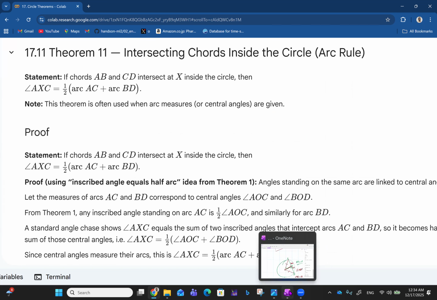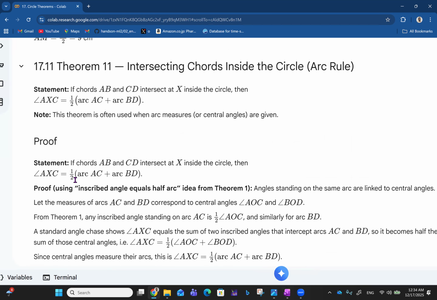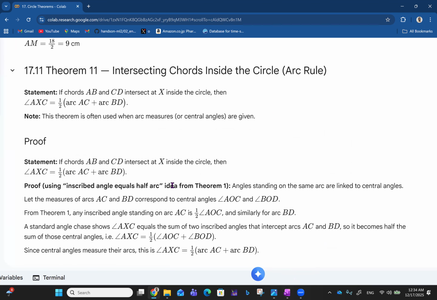Okay, we have the proof here. First of all, we use inscribed angle equals half arc, the idea from theorem 1. Angles standing on the same arc are linked to central angles. So let the measures of arcs AC and BD correspond to angles AOC and BOD.